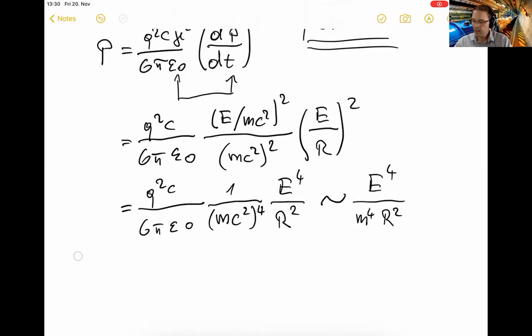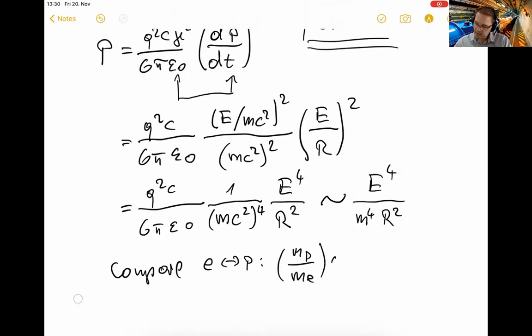First of all, if you compare electrons to protons, the mass of the proton divided by the mass of the electron is very roughly 1,800. And if it gets a 4th power, we talk about factors of 10 to the 14. Because it appears in the denominator here, synchrotron radiation for protons is negligible.